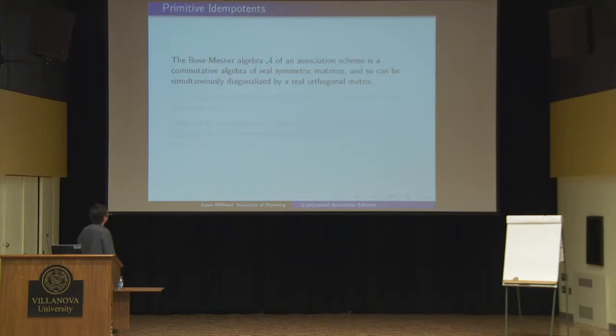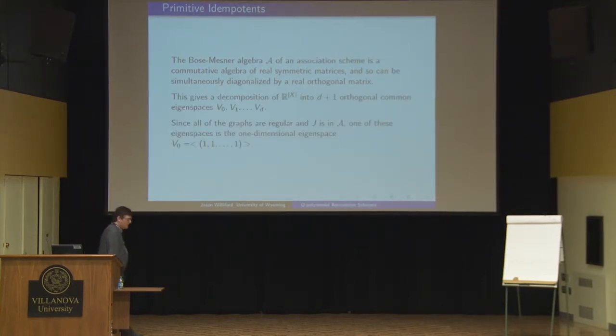Now, since it's a commutative algebra of real symmetric matrices, we can just simultaneously diagonalize the whole thing. So for what follows, if you just think of diagonal matrices, then actually it's fairly obvious what's going on, that you get a decomposition of R to the X into d plus 1 common eigenspaces of all of the matrices.